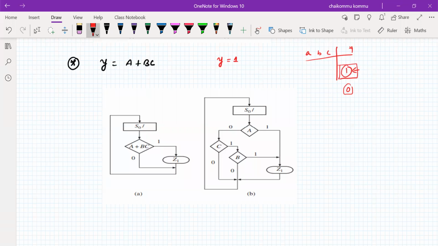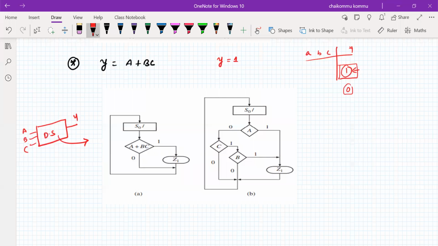So for example, if you have a state diagram for a digital system, its responsibility is that it produces a Y signal based on A, B, C. I want to define this digital system with the help of a state diagram, state chart, SM chart. So, for example, the state of the system is S0.